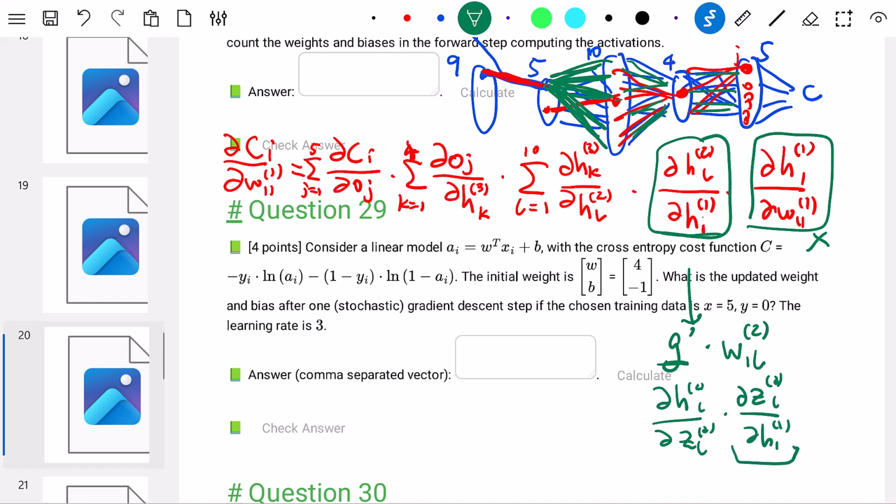If we take this derivative, we would always get the weight, and if we take that derivative, remember the relationship is h is g of z, so we always get g prime, and this g should not contain any weight, so this thing is independent of any of the weights, so the weight only comes in here. And again, there are only 10 of these.